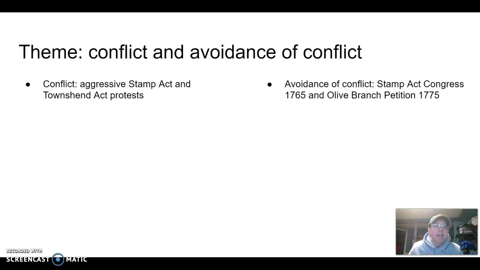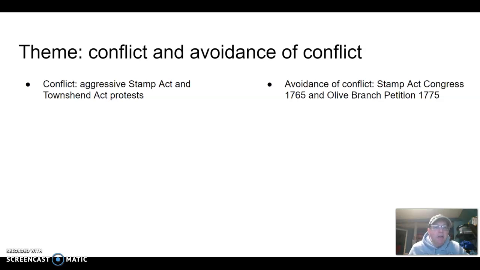Both are going on. Even after Lexington and Concord, in the summer of 75, the Olive Branch Petition happens, where Congress sends a petition to the king asking, can we still avoid a larger war? They're both happening, and that's what you have to understand.